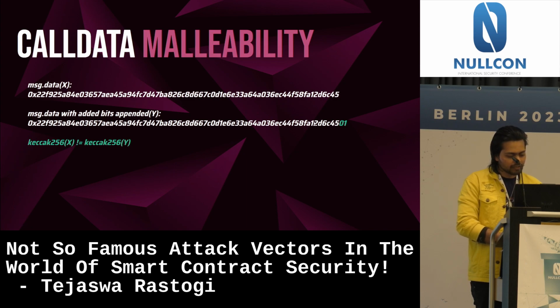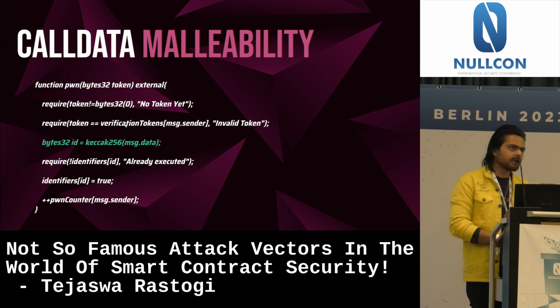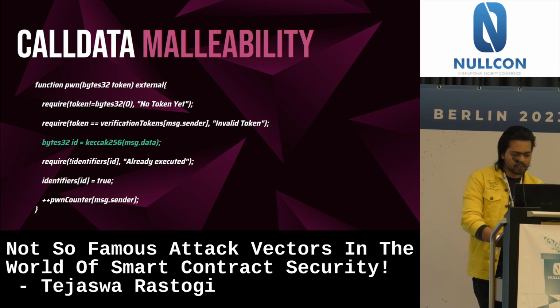This is the base32 token, which is the same for all the calls. And this is the appended bit that we have passed. And now both the hashes are different. So we have technically bypassed these checks and made our token verified again, correct? So these are some of the attacks you can do with the call data.